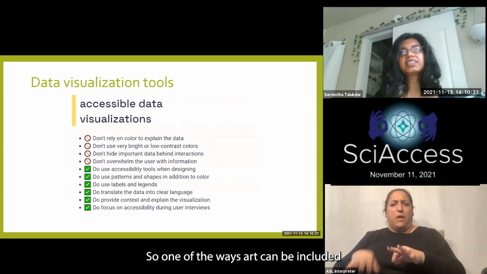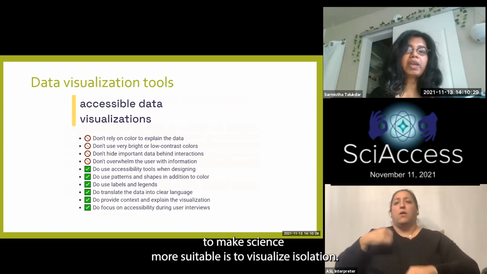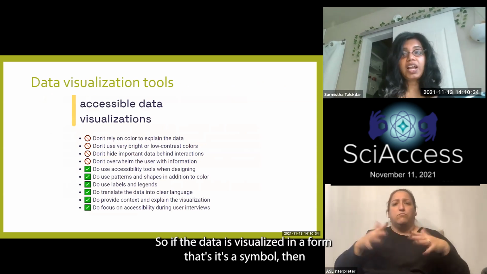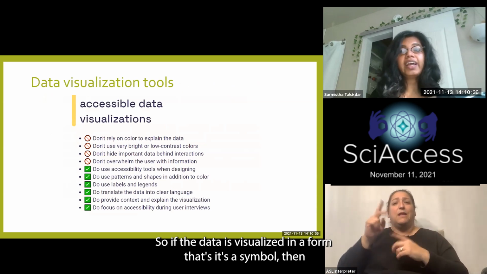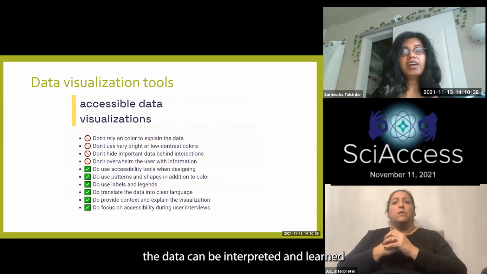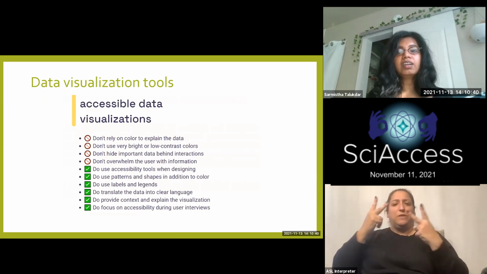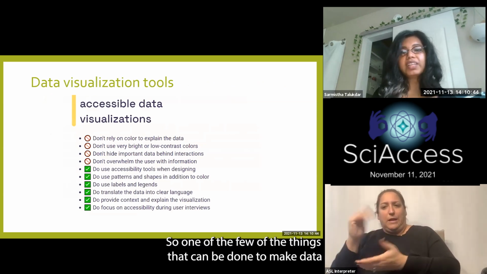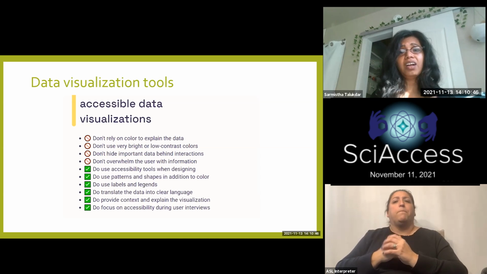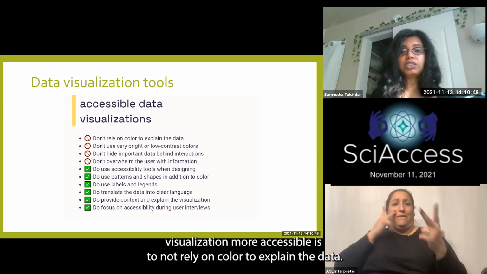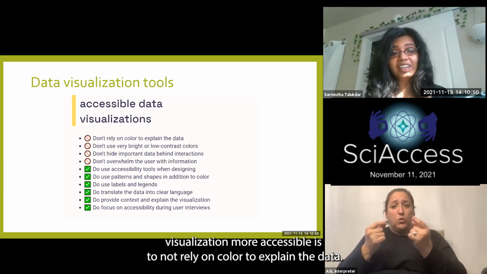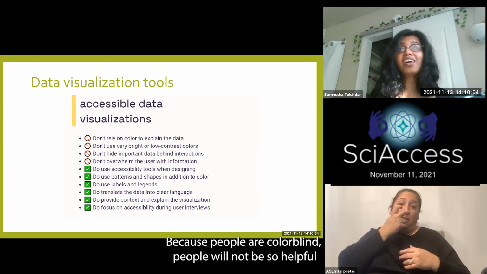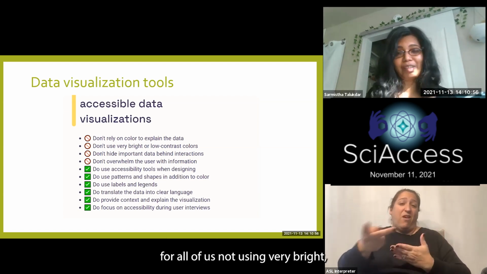One of the ways art can be included to make science more accessible is through data visualization. If the data is visualized in a form that's more accessible, then the data can be interpreted and learned by the people who want to use the data. A few of the things that can be done to make data visualization more accessible is to not rely on color to explain the data, because colorblind people will not find it helpful.